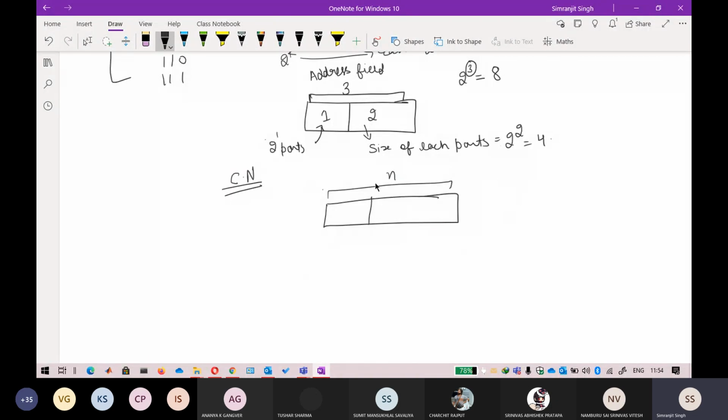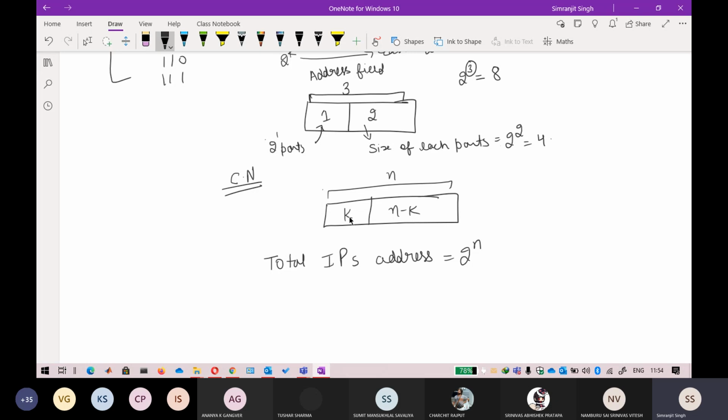If n is given as the total bits of the address space, it is referred to as total IP addresses. It is given as n bits here, so 2 raised to power n total IP addresses are possible. Suppose you have reserved k bits, and the remaining is n minus k.